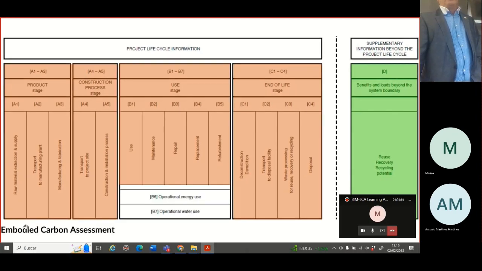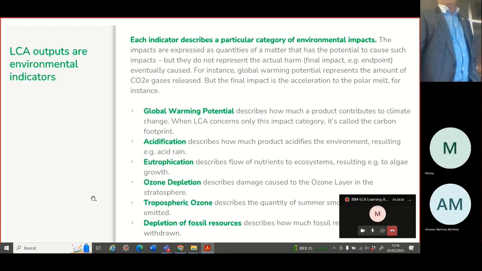So also in embodied carbon assessment, you're leaving out the operational energy used. That's the main difference, because you're not interested in the energy that we are using now inside the building. It's the embodied carbon assessment. Okay, so you got all these difficult names to pronounce. Try to pronounce eutrophication and so on, but everything describes something.